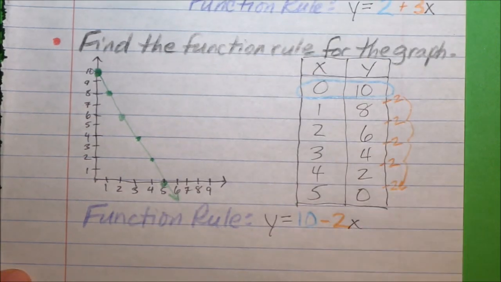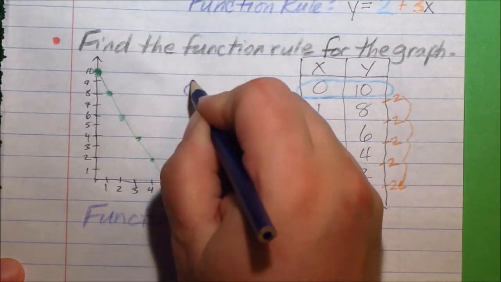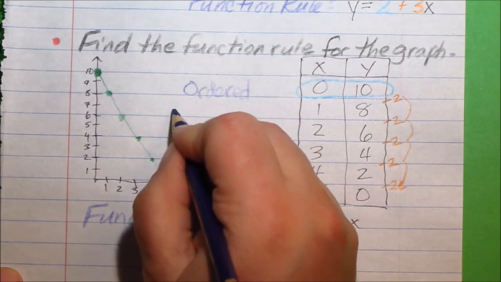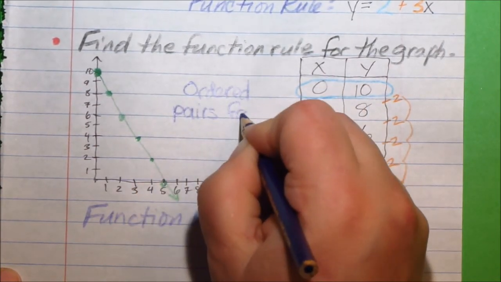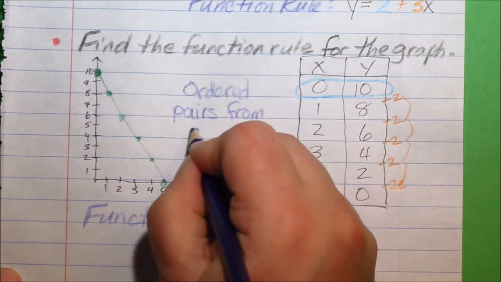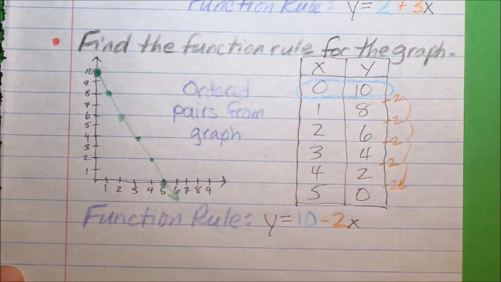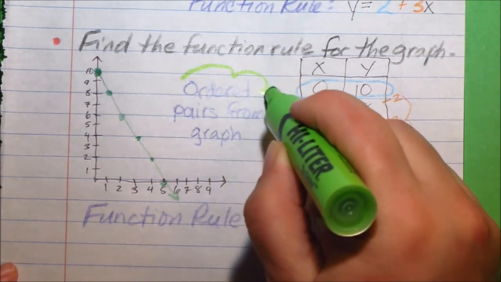Let's make a little note in between to connect these two things that we did. All right. So ordered pairs from graph. All right. So this came from this input-output table.